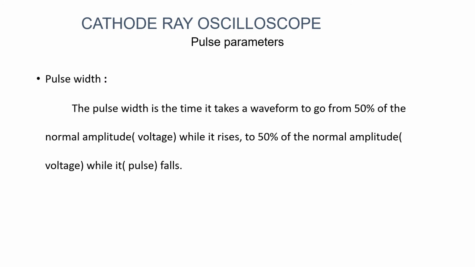Next is the pulse width. The time that elapses between the 50% level points is called the pulse width, or the width of the pulse that elapses between the 50% level of its amplitude.